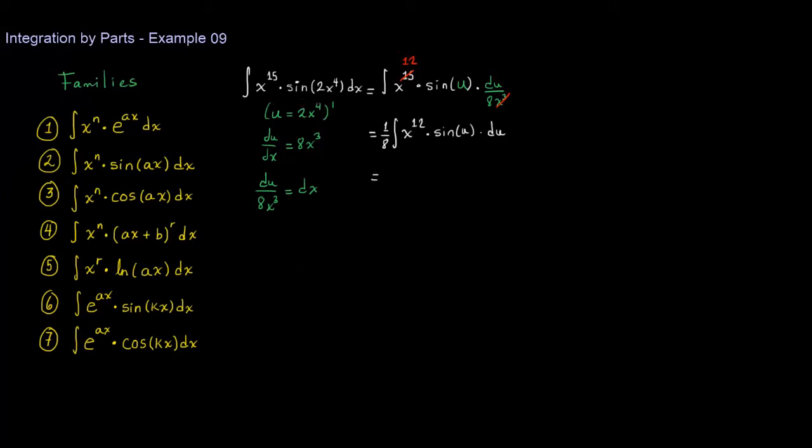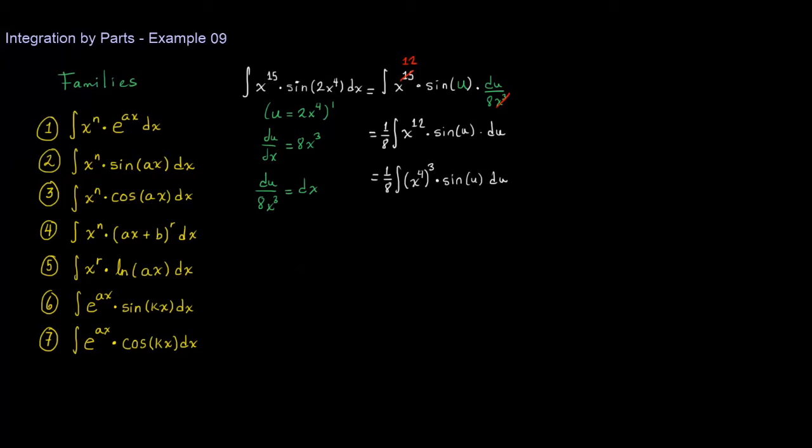So this x to the 12, I can rewrite it in this way. I can write it as x to the 4th, all to the 3rd, times sine of u du. But this x to the 4th, we can solve for from the statement we started with once we decided to change the variable.